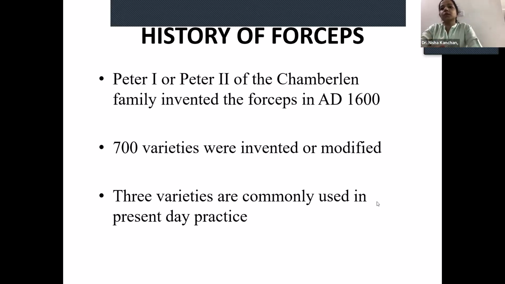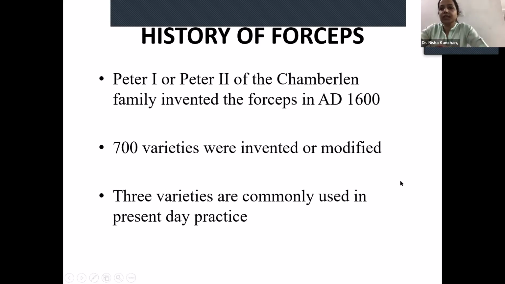But later on, the secret leaked out, following which 700 varieties of forceps were invented. A lot of Indians have also been credited with the invention of forceps. Do you know the name of any forceps invented by an Indian? Any obstetrician associated with the invention of forceps?